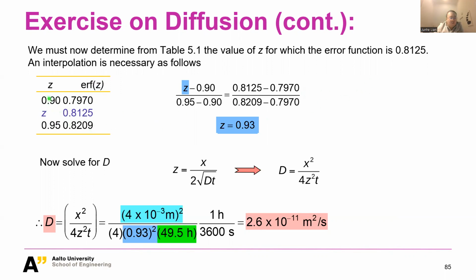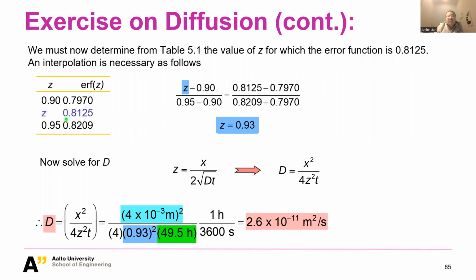Because the table is a table, you don't have infinite numbers of everything, and the number you have here, 0.8 something, has to be calculated using interpolation, right? Because you cannot find this number exactly in the table. What you can find is a number right smaller than it and right larger than it. And you also know the z corresponding to these.